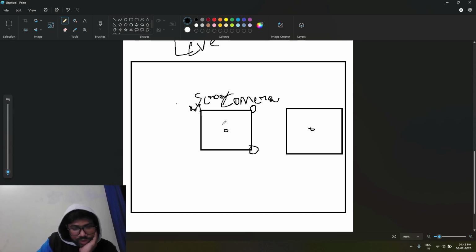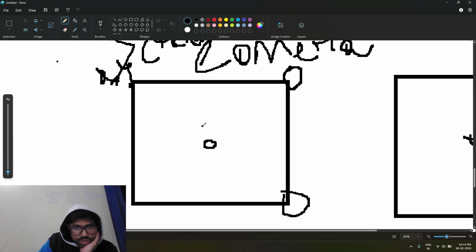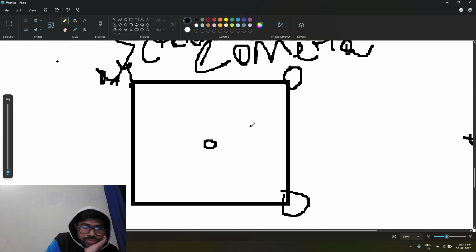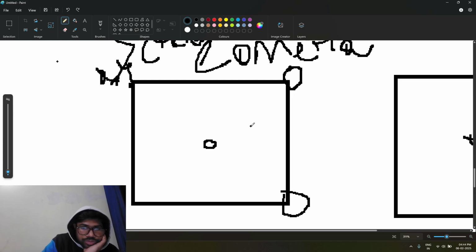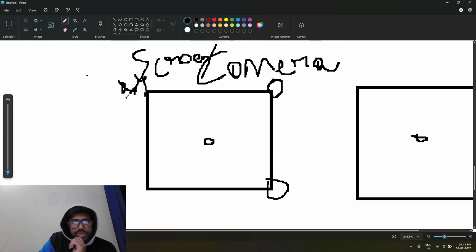Okay, if my dot is here, this is the camera position, right? X and y.